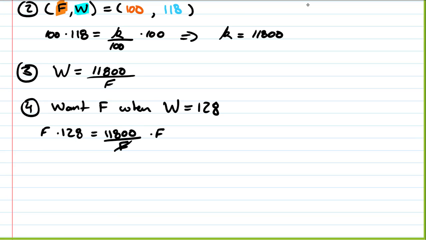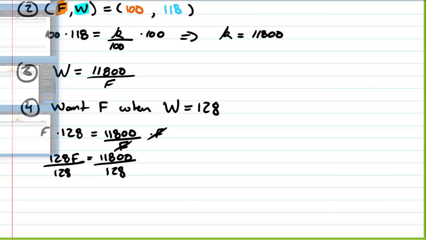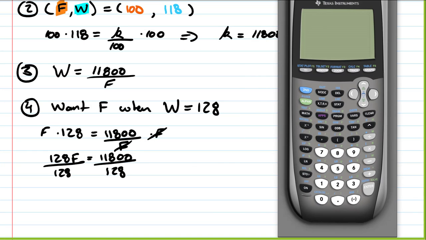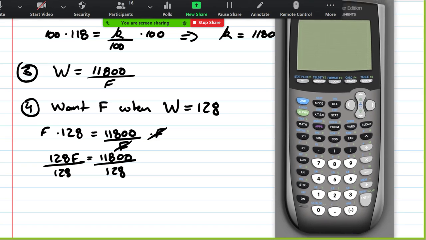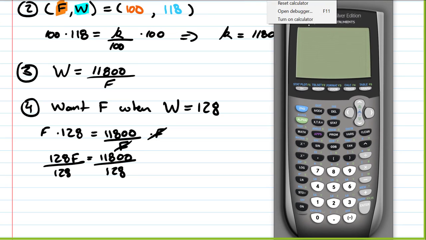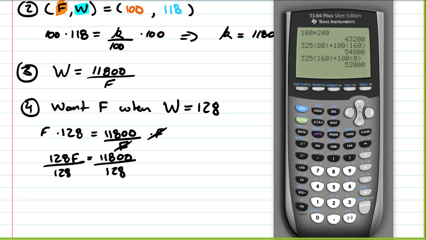Solve for F. Multiply both sides of the equation by F. We get 128F equals 11800. We divide by 128. And we get 11800 divided by 128.